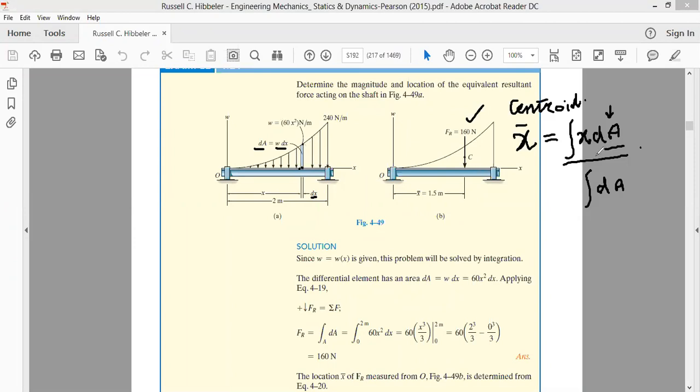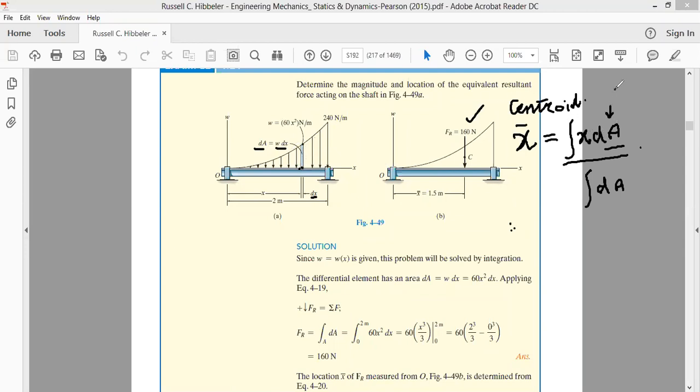Whenever we have to find the centroid of an area, we again have to divide the load diagram into small areas, like we did in the previous case when finding the resultant force, and we said that this area dA is equal to w into dx. As far as dA is concerned, this is a small area we have drawn on this load diagram.